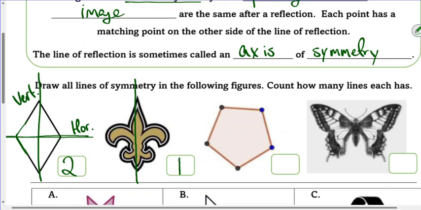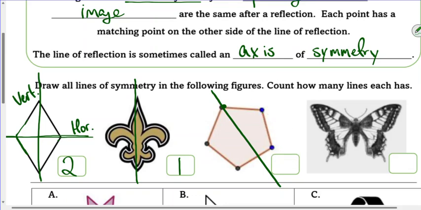This next one's a regular pentagon, which means all those sides are the same, all the angles are the same. You can draw a line from each vertex across through the opposite side, and that splits that figure directly in half. You can see that this point would end up there after the flip, this would end up there, this whole line segment would end up here. Every point has a matching point on the opposite side.